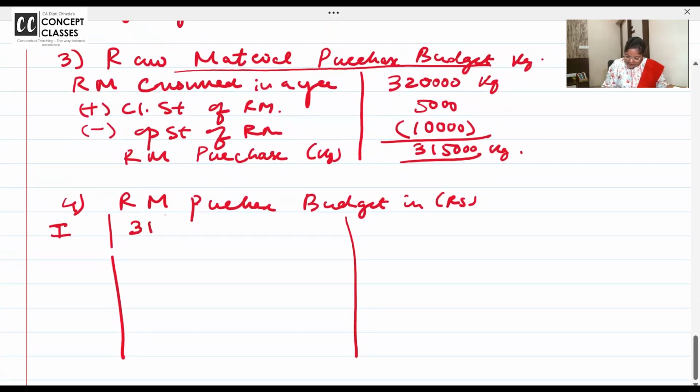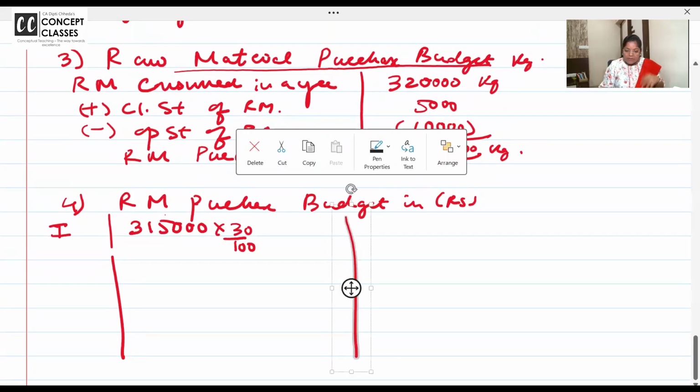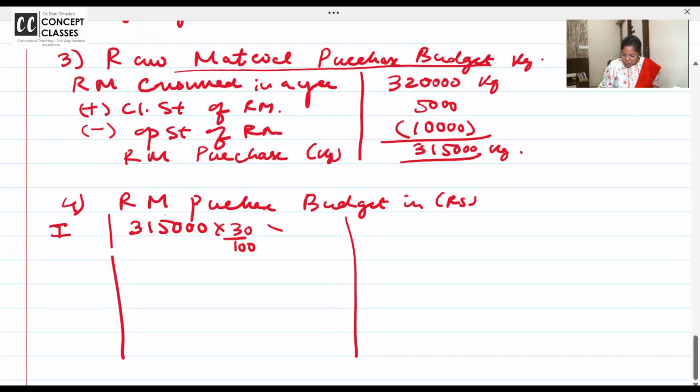Total purchase करना है 3,15,000. इसका 30%. You will purchase now. And at what rate? 2. You can write it separate कि 30% कितना kg होगा and all, or we can write it together. 3,15,000 kg is required whole year. 30%.